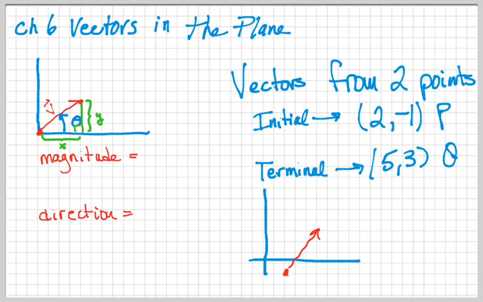The symbol for magnitude is the absolute value of vector v, which is equal to the square root of a squared plus b squared. In a minute, a is x and b is y, but we'll get there.